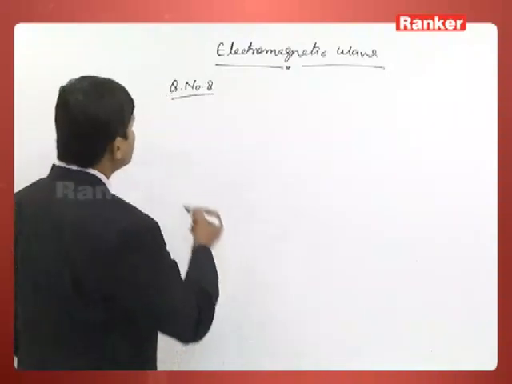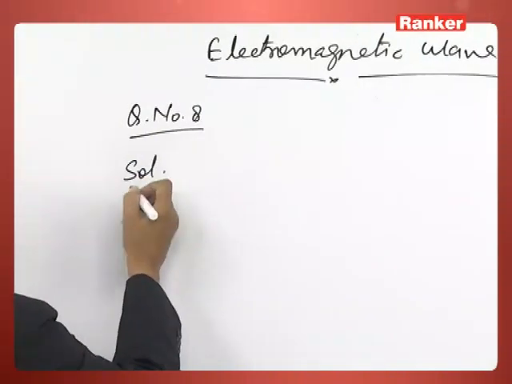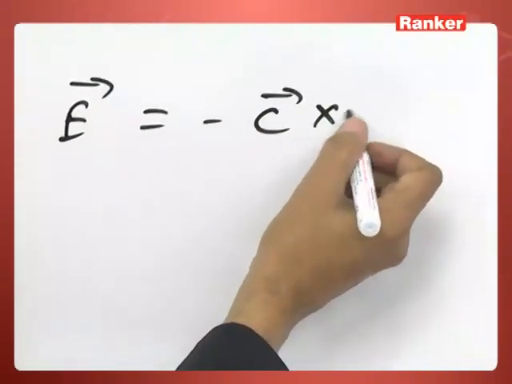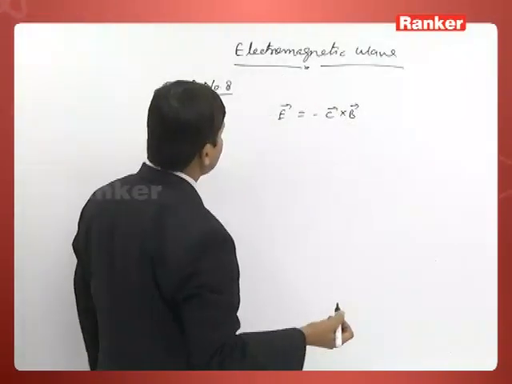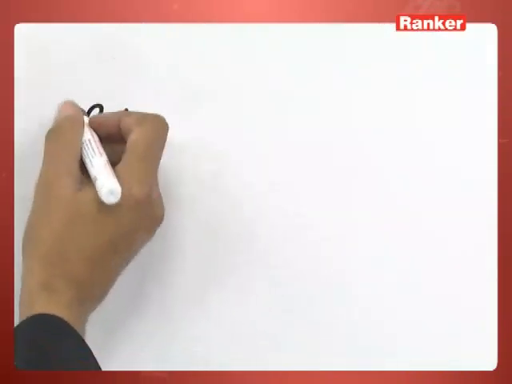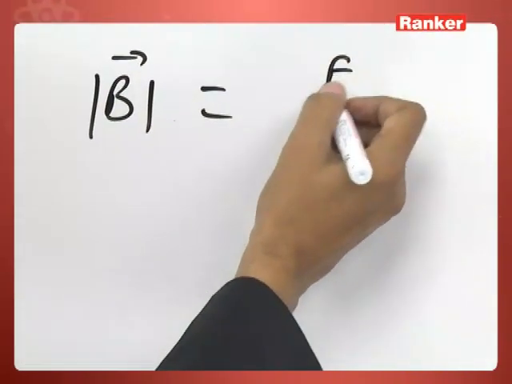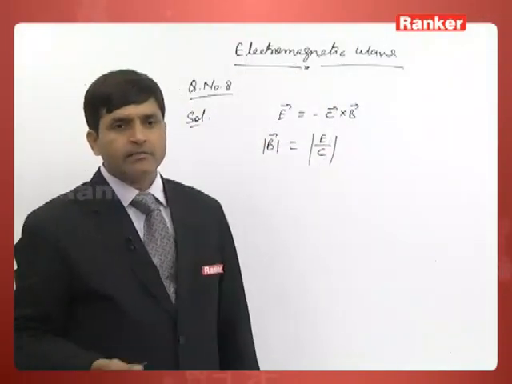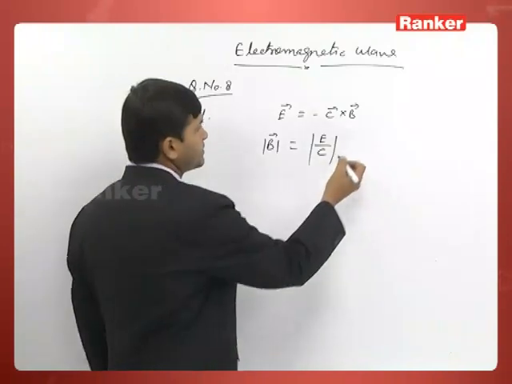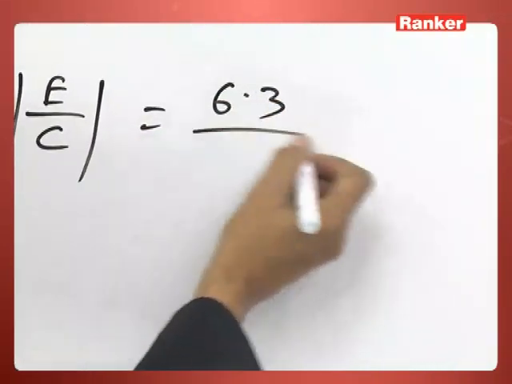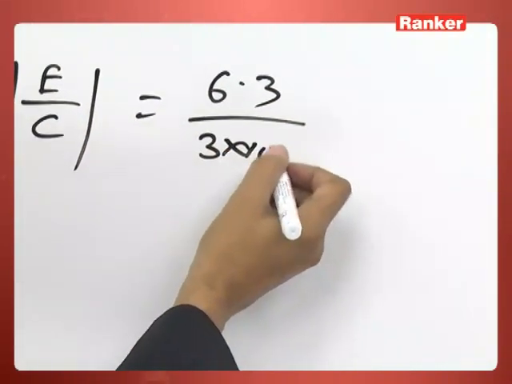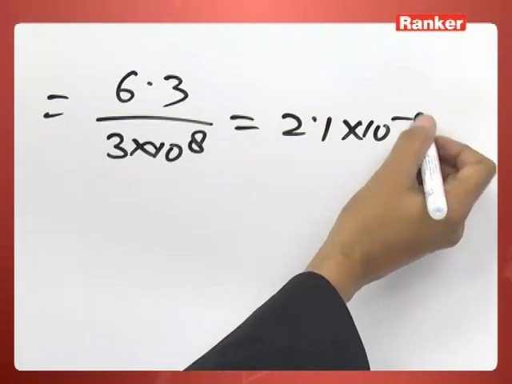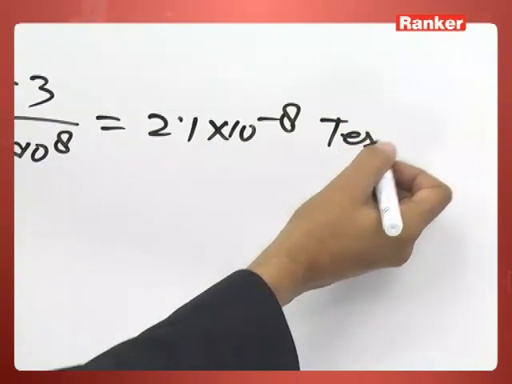See, as per our relation, the electric field and magnetic field vectors can be written like this. First of all, the magnetic field magnitude is E by C. E is the electric field, which is given as 6.3, and C is 3 × 10^8. This will be 2.1 × 10^-8 Tesla.